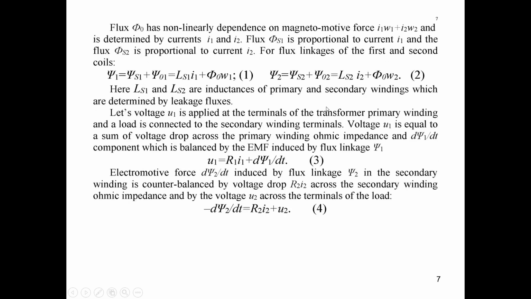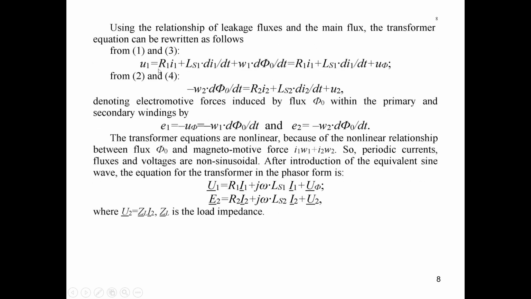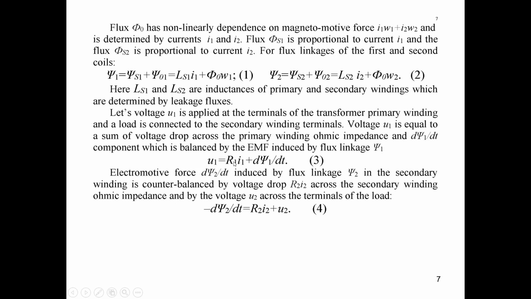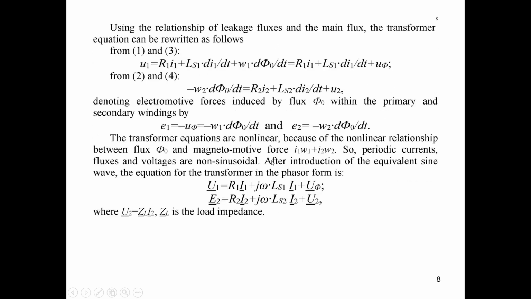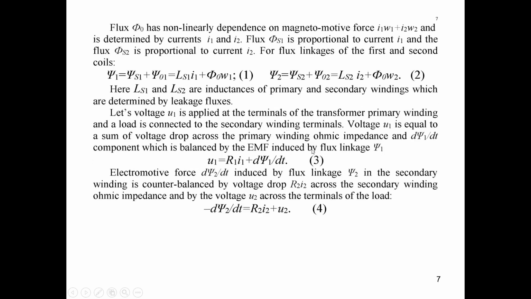In the equation for the first winding, we can substitute here Psi1 in such a form: Psi1 as Ls1 I1 plus Φ0 multiplied by W1, and we get U1 equals R1 I1 plus this expression. Instead of Psi1, we substitute this equation. It will be Ls1 dI1 by dt.